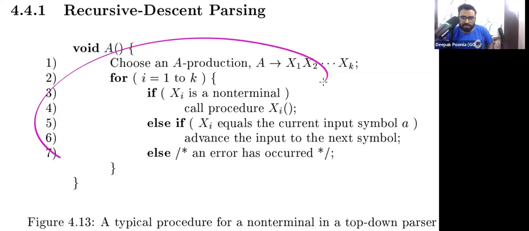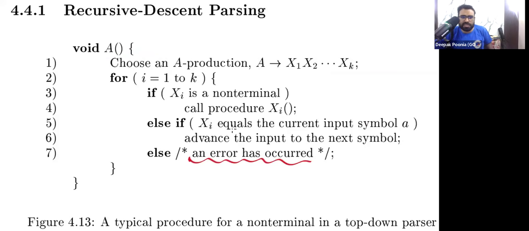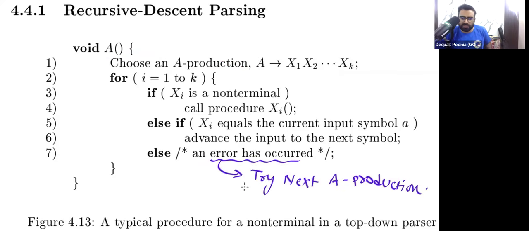Basically, a small modification you need to do. What is that small modification? Where you are writing that error has occurred, here you should actually write that this production has failed, but you try the next production.